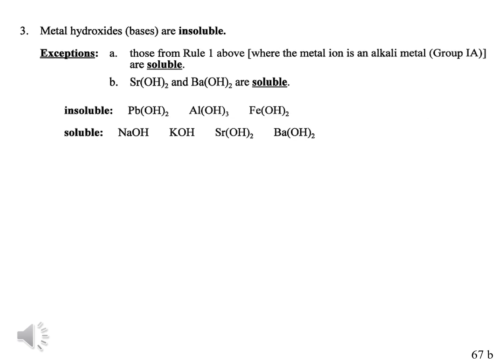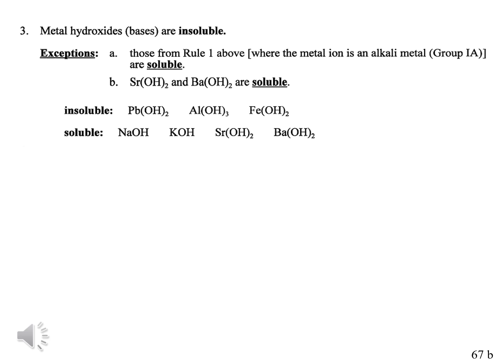The last 2 solubility rules concern negative ions that make everything insoluble. Most metal hydroxides or bases are insoluble. There's only a few exceptions. The ones that are from group 1 make everything soluble, so those work.